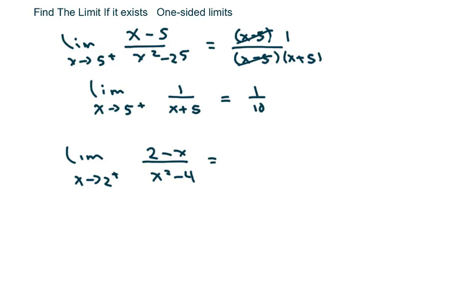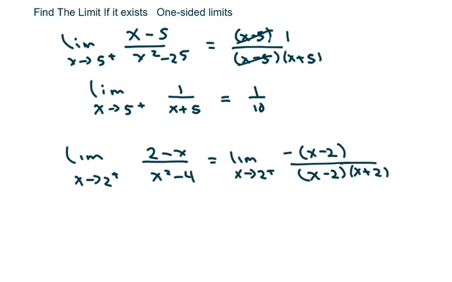I'm going to rewrite this as x minus 2 like that, because when I factor the denominator, these two cancel, and you get negative 1 over that. So take the limit as x approaches 2 from the right. So it gets closer and closer to 2 from the right side of negative 1 over x plus 2. That's going to give you negative 1/4.